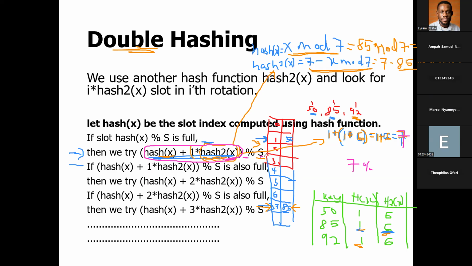And that would be 7 mode 7, which is zero. That's what you are trying to say, right? Yes, that was what I was saying.